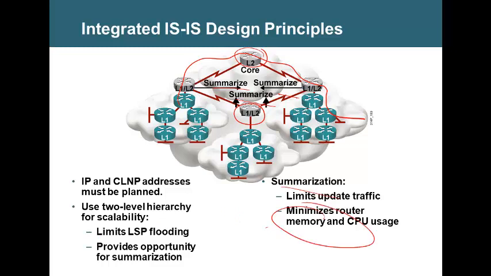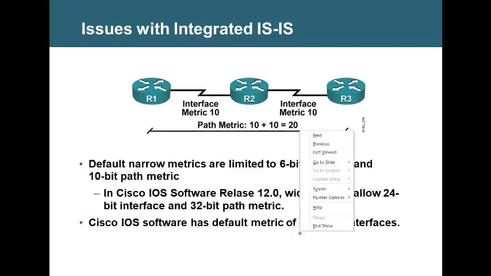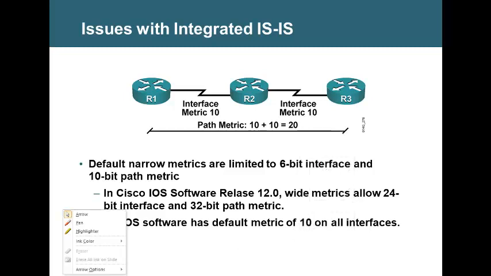And next thing is the default narrow metrics are limited to a 6-bit interface metric and a 10-bit path metric. Meaning for the interface metric, each metric, what is it? 10. Now this 10 is written in binary using 6 bits.